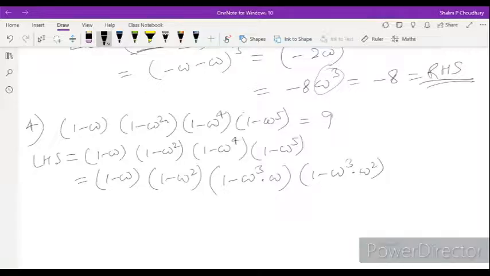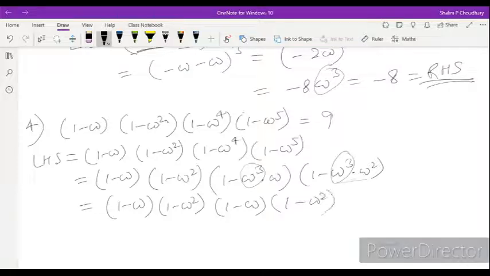So it will be (1 minus omega)(1 minus omega square), and since omega cube is equal to 1, 1 minus 1 into omega will be 1 minus omega, and 1 minus omega cube into omega square, omega cube being 1, so 1 into omega square is omega square, so 1 minus omega square.